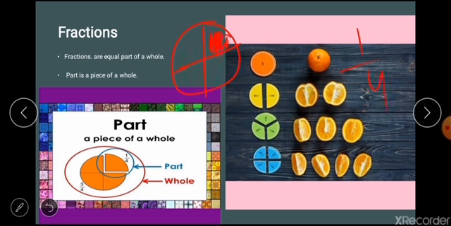This shaded portion is one part, so I will represent it in the numerator as 1, and the total parts are 1, 2, 3, 4, so I will represent the total parts in the denominator. So I can represent it as 1/4. This 1/4 is a fraction, a fractional number.